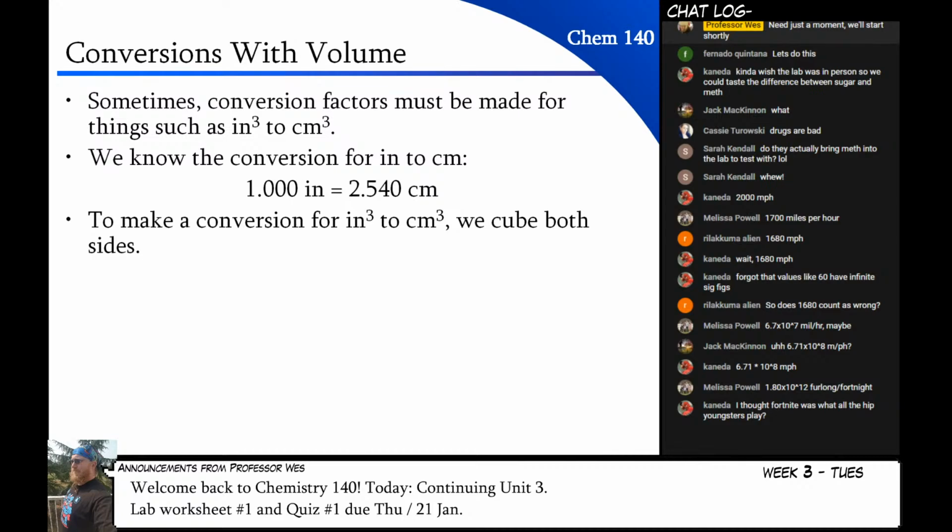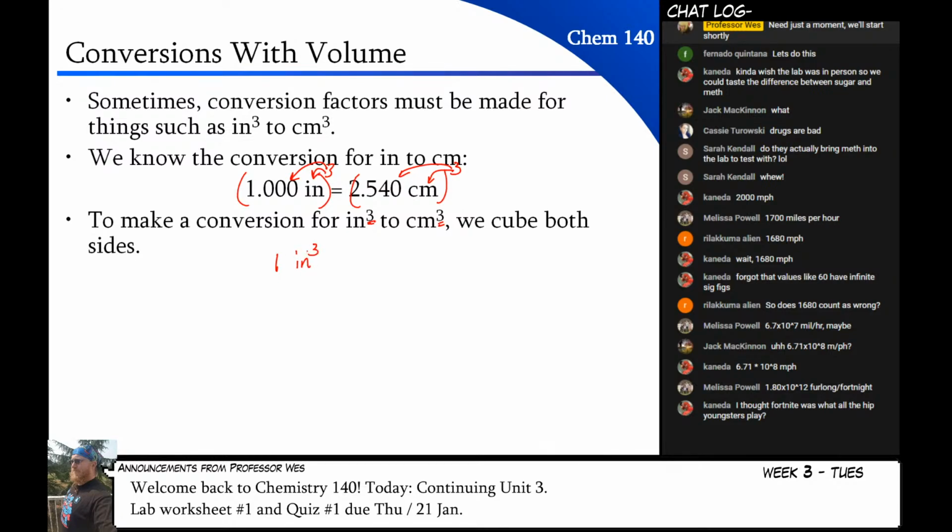Well, it turns out that if I want to get the relationship to the third power, what I have to do is I have to raise both sides to the third power. Now, when I cube one thing, I have to cube everything. So that means that both the unit and the value get cubed. So 1 cubed is 1.